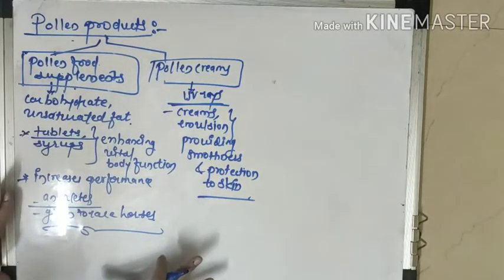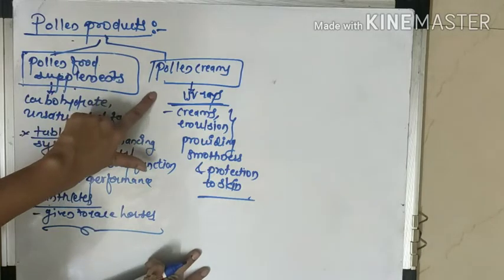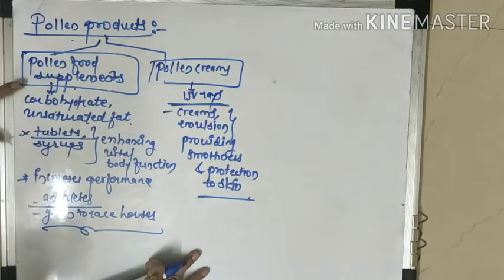Okay, so in short, I am telling you once again about pollen products. Pollen products are prepared from pollen grains, and they are available in two forms: pollen food supplement and pollen cream. The first, pollen food supplements, are highly rich in carbohydrate and saturated fats. They are available in the form of tablet as well as syrup. And what is the need of that pollen supplement?